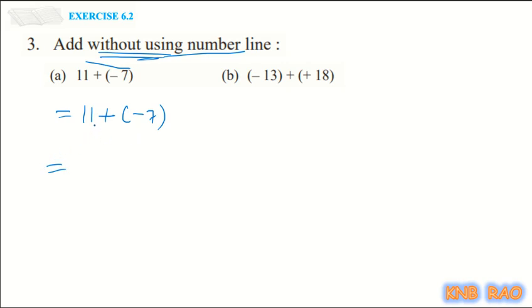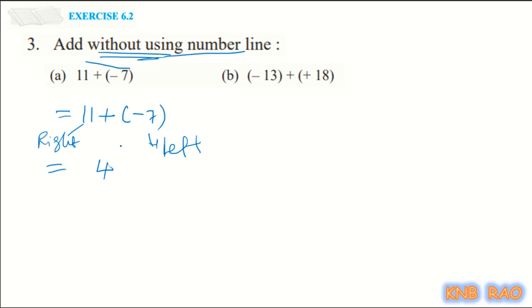From 0 we moved towards right 11 steps. After that, reaching 11, from there we have to move towards left 7 steps. That means you are getting back. So 7 steps getting back gives you arriving at 4.